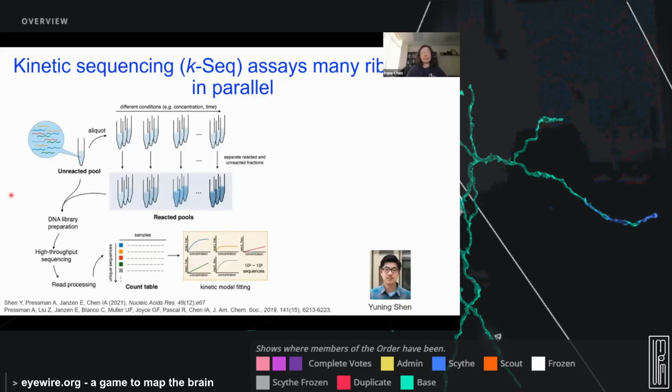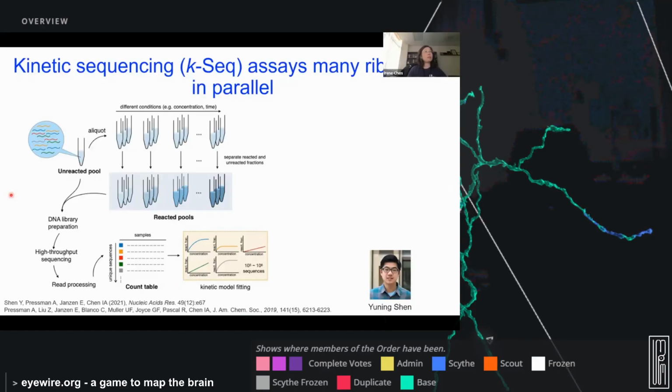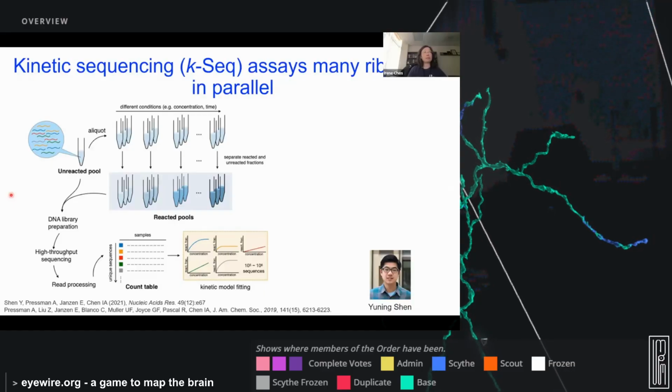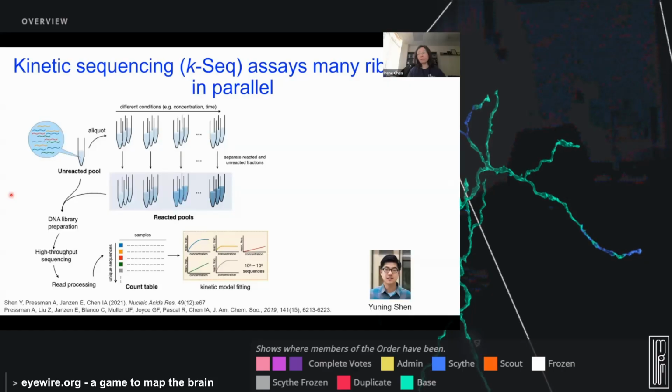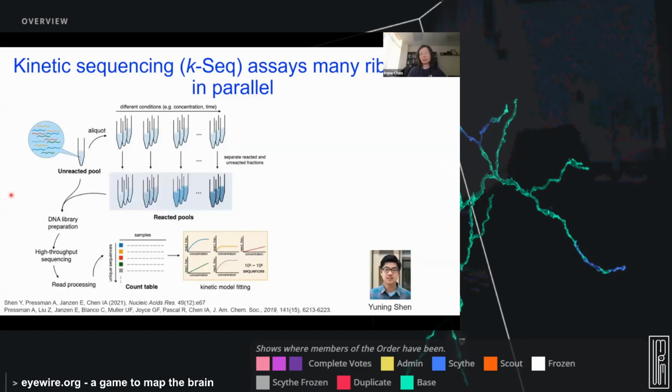Just to give you a little background on how we get the catalytic activities out of the sequencing data, we worked on a technique that we called kinetic sequencing. The idea is that you've got a medium complexity pool, so maybe some thousands or tens of thousands of sequences.